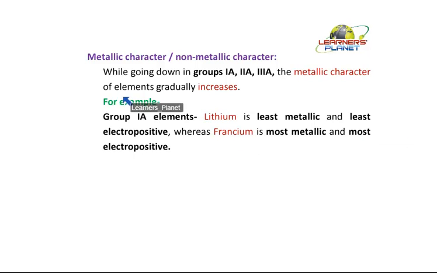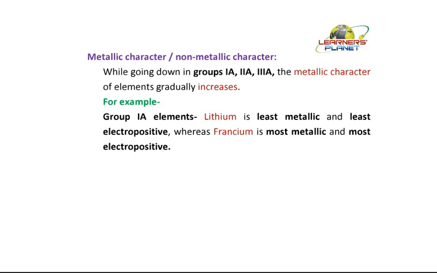Now, while going down in groups 1A, 2A, 3A, the metallic character of elements gradually increases. Say for example, group 1A elements. What are the group 1A elements? I hope you would have tried to remember or mark up the periodic table.